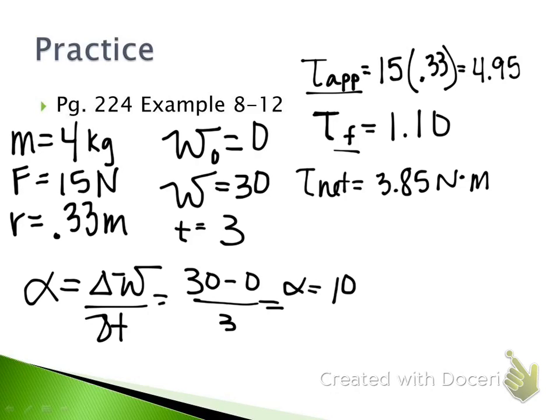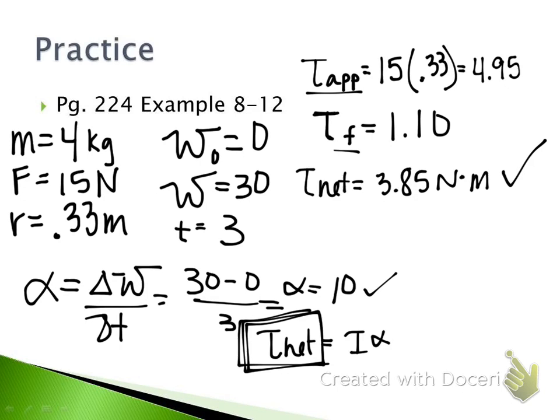What new equation do we have that might incorporate torque and alpha? That's right. Net torque equals inertia times alpha. That's the reason, because it was net torque, that we had to take into account our pull and the friction.